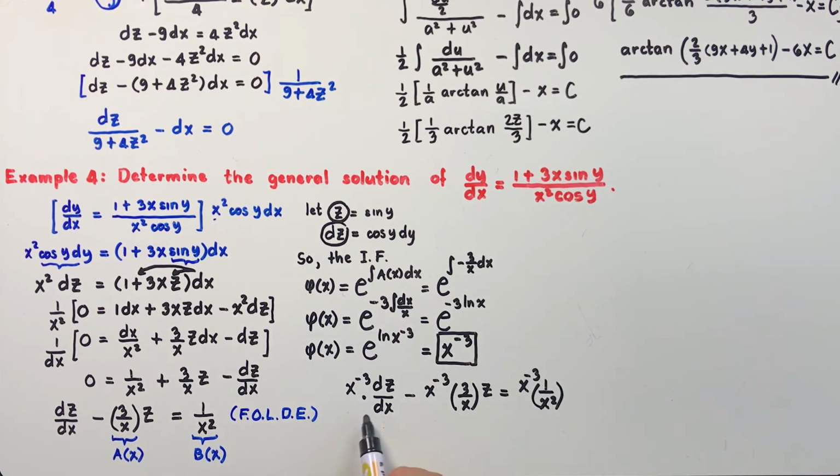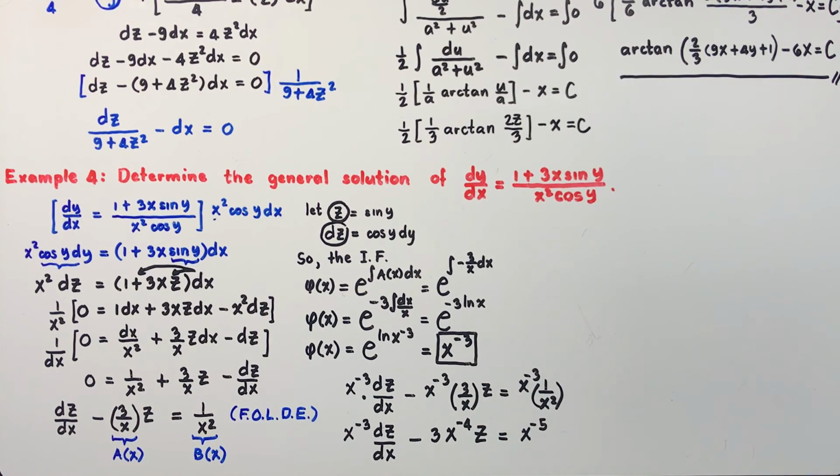Simplifying, we have x to the power negative 3 times the derivative of z with respect to x minus 3x to the power negative 4 z, because when you move this x to the numerator, it will have a negative 1 exponent. So negative 1 plus negative 3, we have negative 4 here. And this is equal to x to the power negative 5.